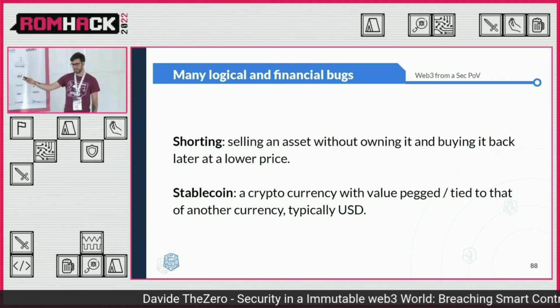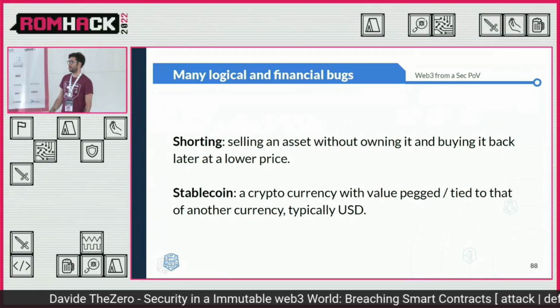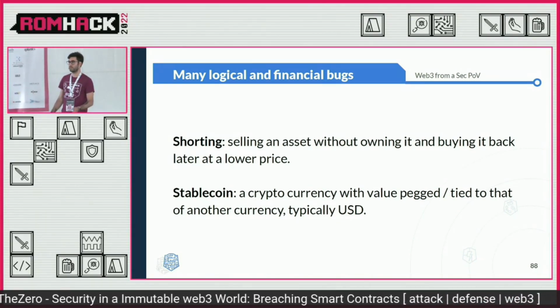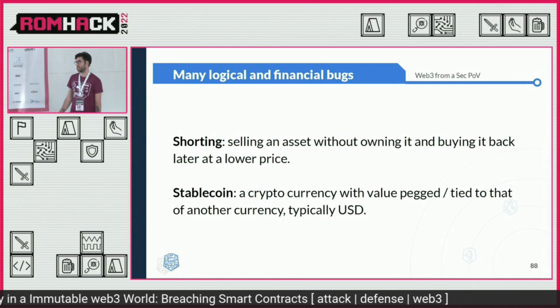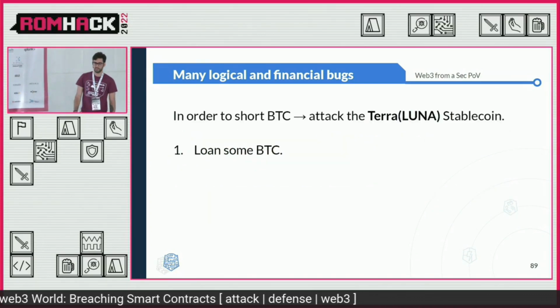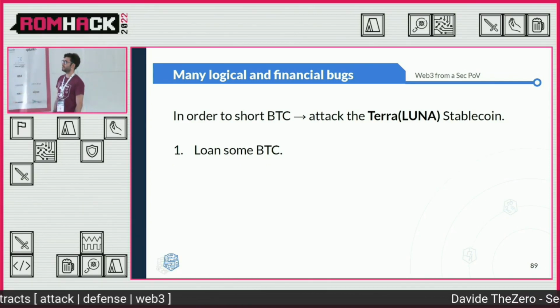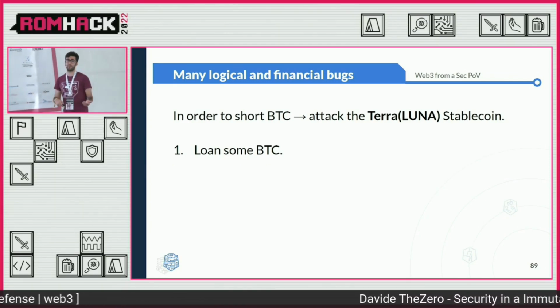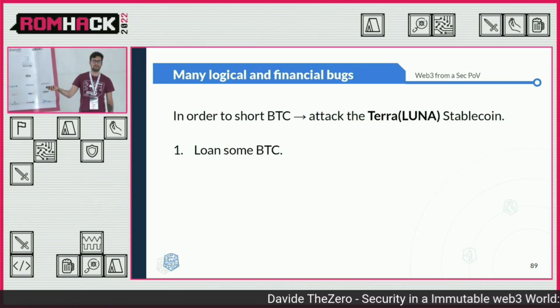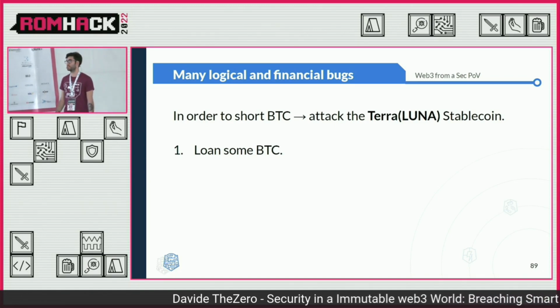And this kind of cryptocurrency has, for example, a fixed $1 value. Some months ago, an attacker tried to short Bitcoin and used the Terra stablecoin to do it.